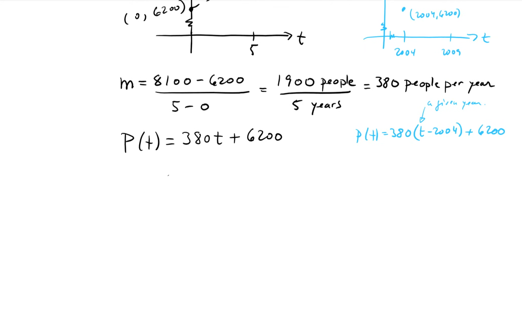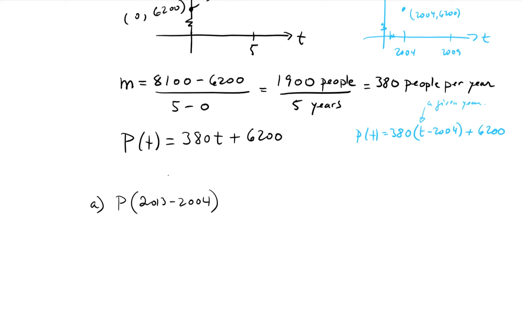Okay, and so in A, what do we want to know? I want to know the population in 2013. So I need to know how much time has gone by since 2004. So I'm going to take the year that I have and subtract 2004 from it. That's going to give me the number of years that have passed, and that's going to be my input.